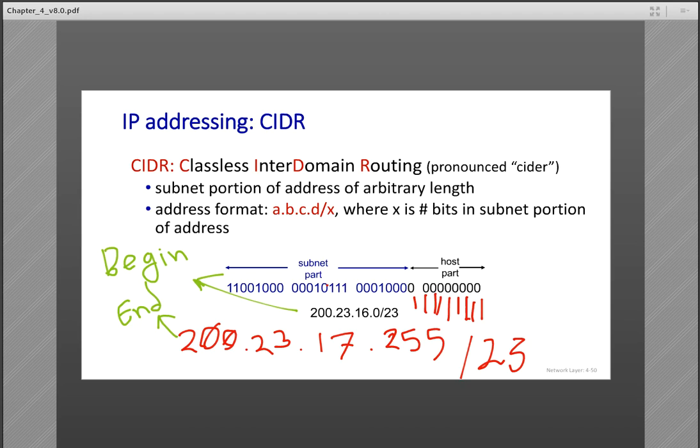I cannot use these two addresses to assign them to a computer.